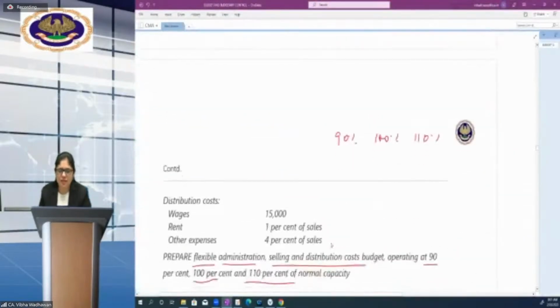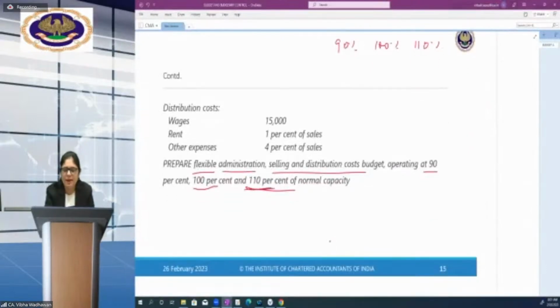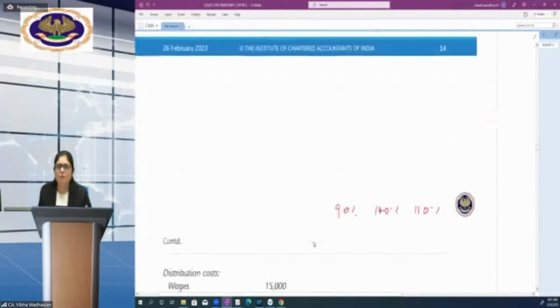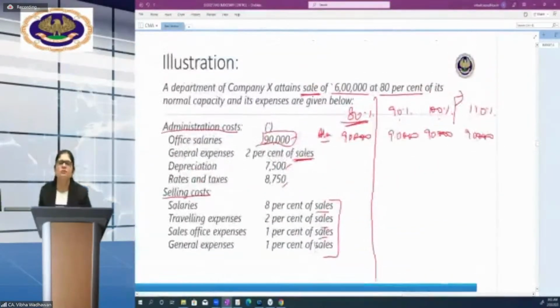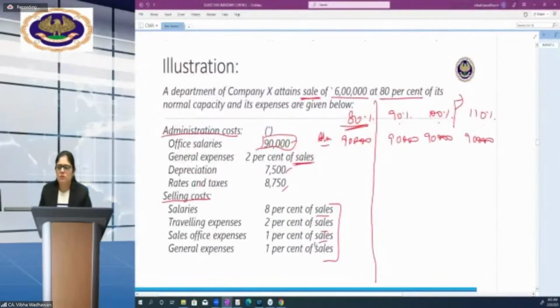Till 110% capacity, there is no additional fixed cost mentioned. So we will assume that at 110% also, the fixed cost does not change. I hope you got the concept. Generally there is additional fixed cost when we go beyond 100% capacity, because we have to expand the factory or production setup.